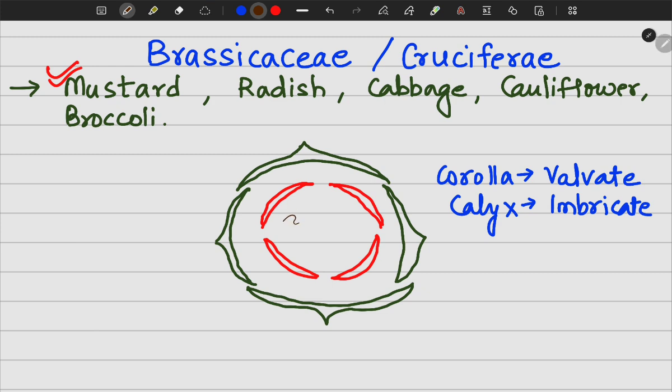So the two stamens are smaller and are situated towards the inner side, whereas the four longer stamens are situated towards the outer side.